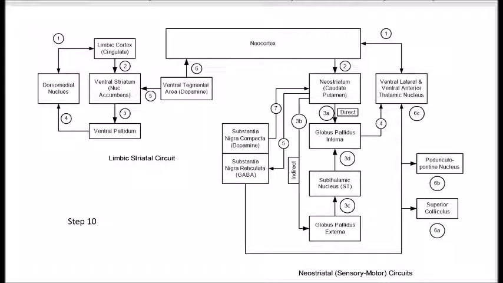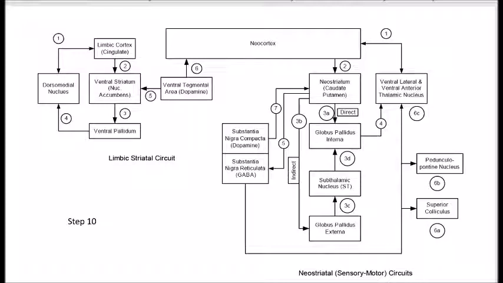And in step 1 there, you can see that there are glutamate circuits that go back and forth between the neocortex and the ventral lateral and ventral anterior thalamic nucleus. Think of these as sort of ongoing when there is a behavior that's currently in progress.